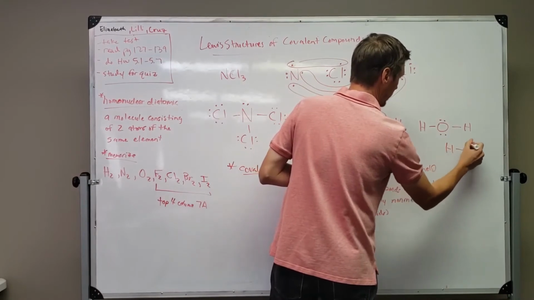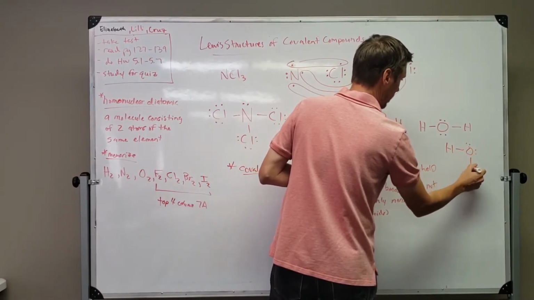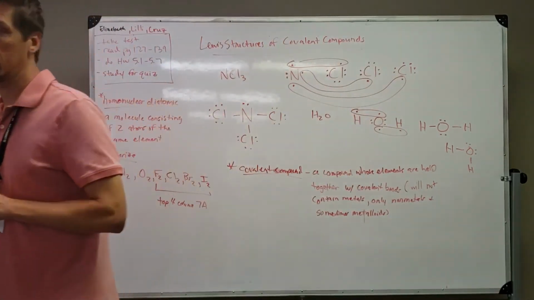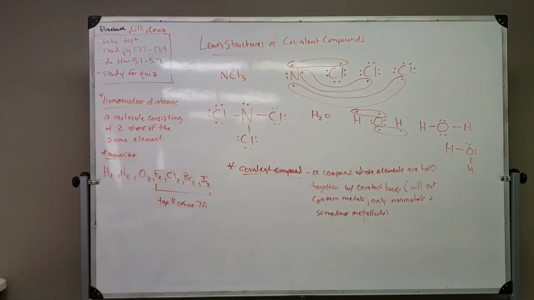They did it like this, where they had an O like that. Either way is fine with me, where you put those. It's going to matter in the future, but for now I don't care. I just want to make sure that you understand where the covalent bonds are and the number of electrons that are not shared. Okay? Any questions before we move on?